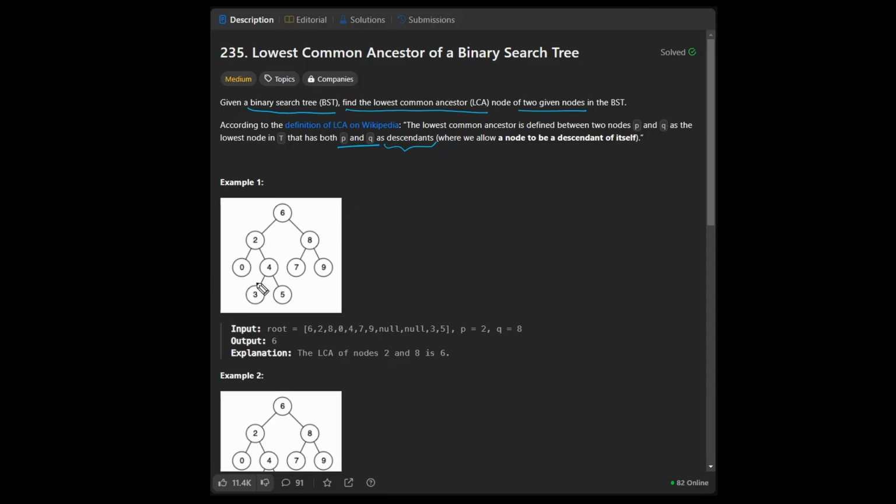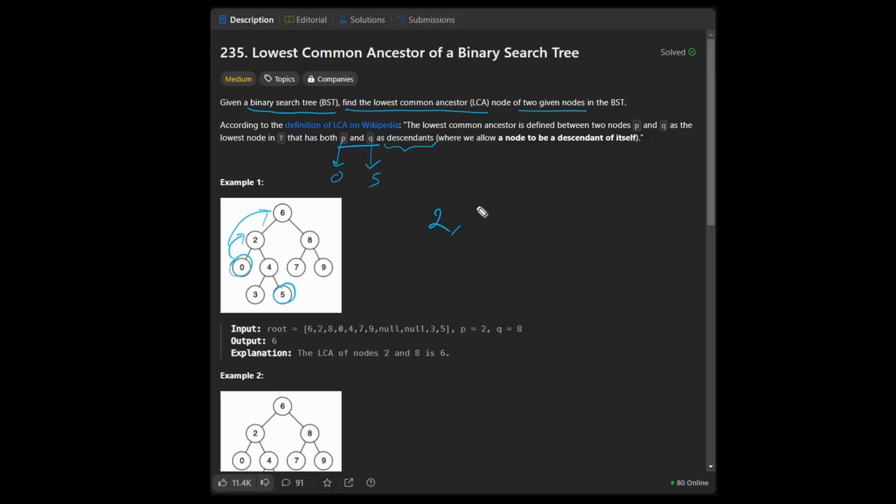Let's take an example. Let's say the value of P is 0. Let's say the value of Q is 5. We are over here, 0 and 5. Their lowest common ancestor would be their closest ancestor. What would be the ancestor of 0? 2 and 6.